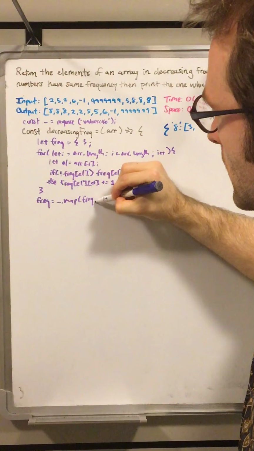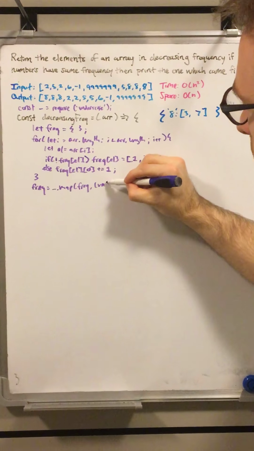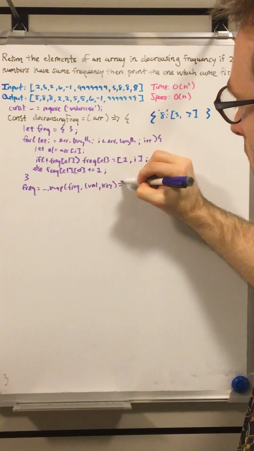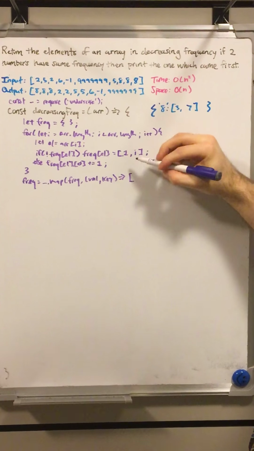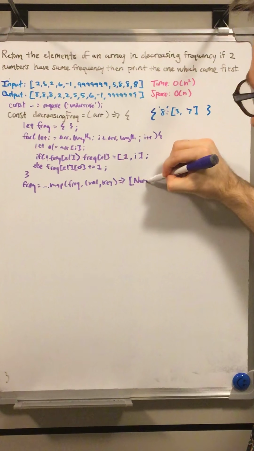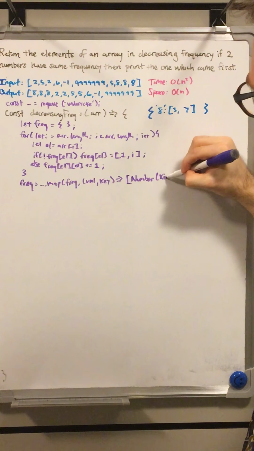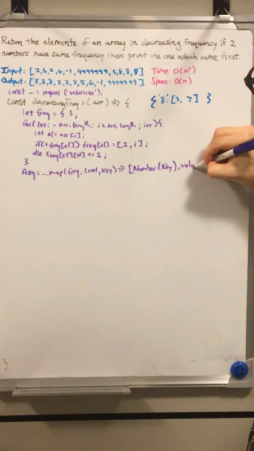With the built-in one, we can't do that, but with this one we can. So we're going to map over each val and each key, and we are going to essentially store them in tuples. We're going to store the key value pairs in these tuples inside of a new array.